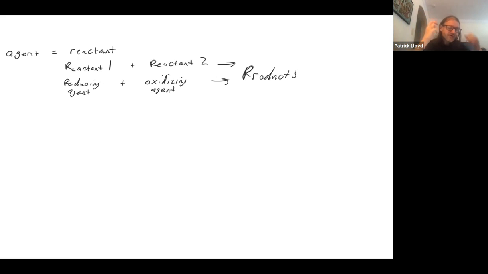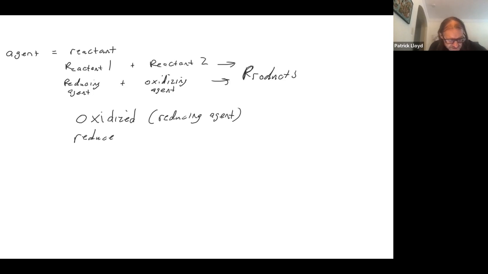Okay, so here's one way to think about it. If something gets oxidized, it's the reducing agent. And if something gets reduced, it's the oxidizing agent.